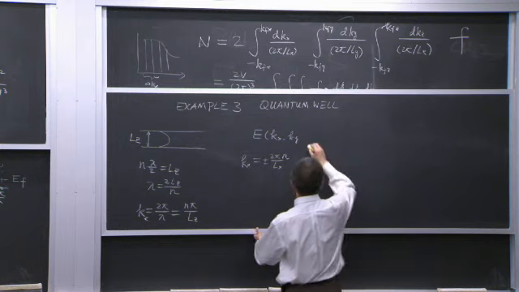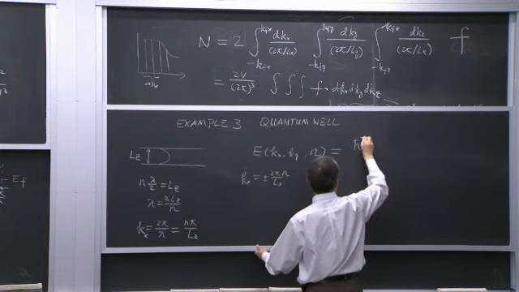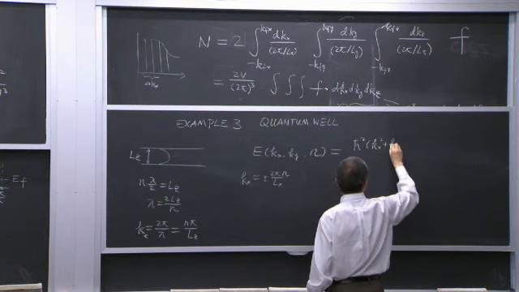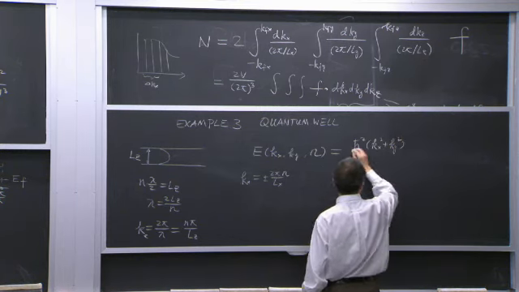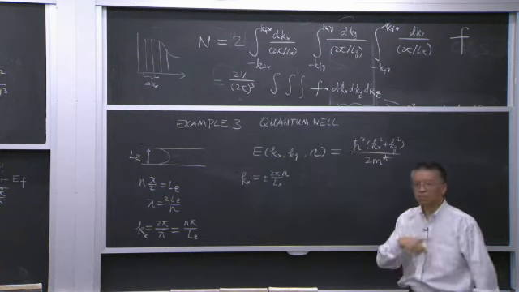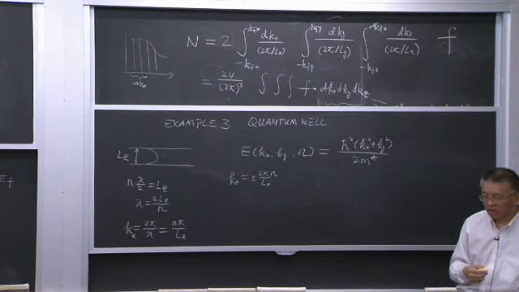So I'll write my energy as h squared, kx squared plus ky squared, over 2 times the effective mass in the xy direction, the in-plane direction.